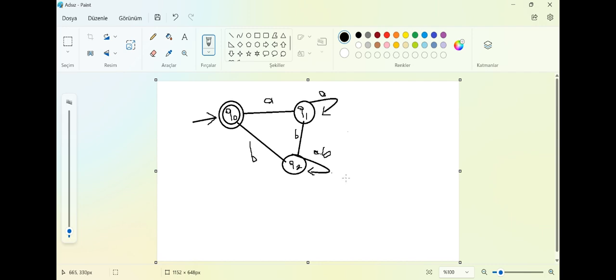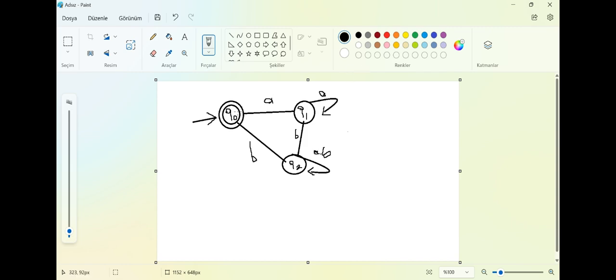Now I will explain how we can draw. Firstly, Q0, Q1, and Q2, we have three states.